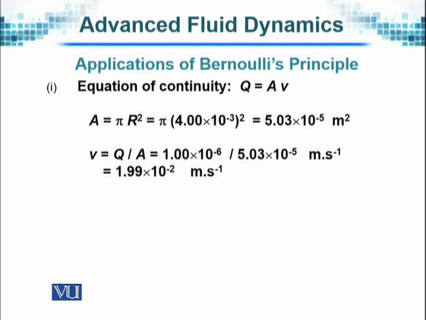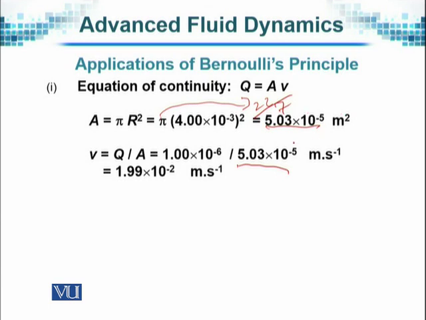The given numbers are here. When we calculate them, of course pi is 22 by 7, and we write that for pi. When we make our computations, we arrive at A equal to 5.03 × 10^-5 square meters. The velocity from here we can calculate: V is Q over A, and since Q is given to us, we substitute the value of A that we have just calculated.